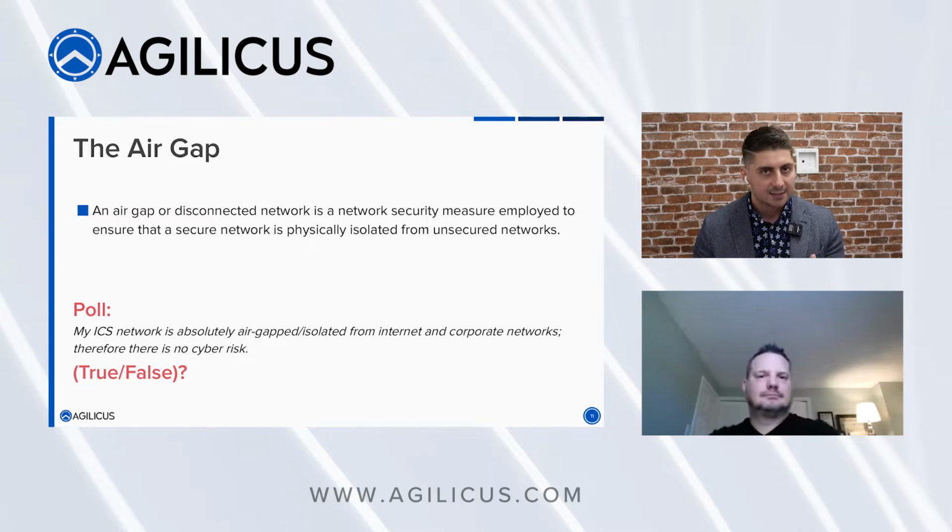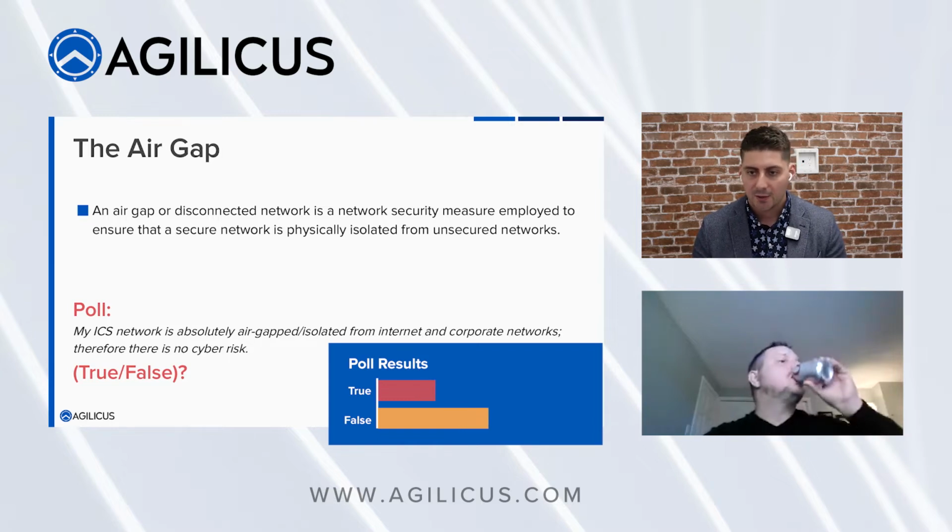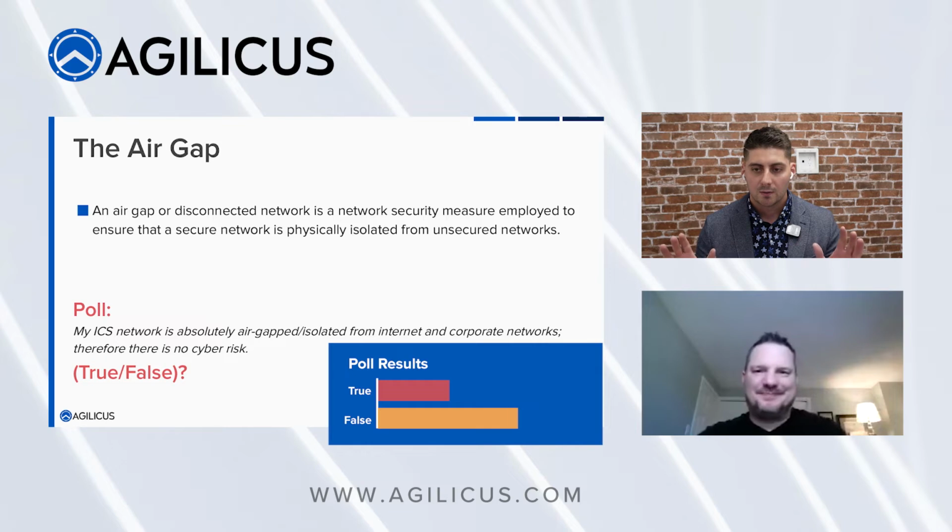And with that, just to test if everybody's engaged, I want to run a quick poll. I promise I won't do this to you throughout the webinar, but I want to make sure everybody has their coffee in their hand and is ready to dive into the next part. So I'm going to start a true-false poll that should pop up for you. The question is, do you agree with what you see on this page: my ICS network, industrial control system network, is absolutely air-gapped and isolated from the internet and other corporate networks, and therefore there's no security risk, there's no cyber risk.